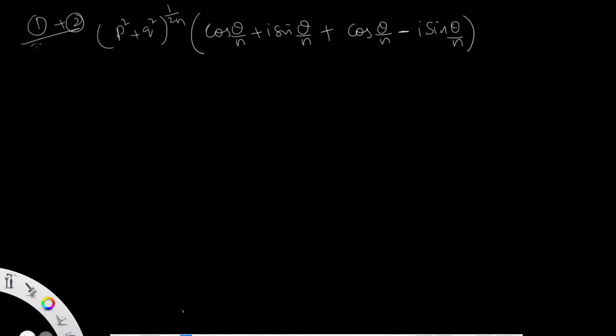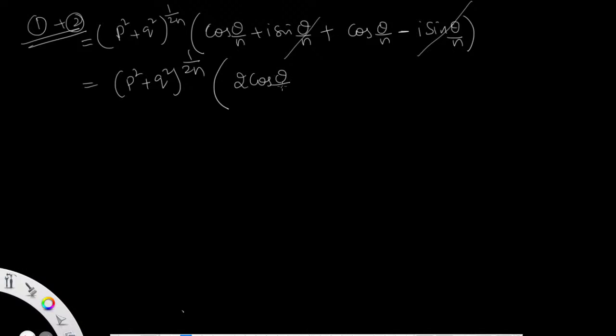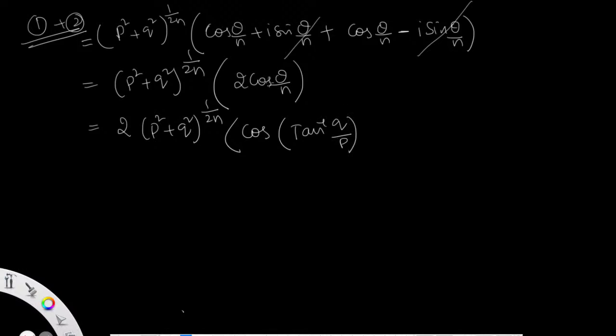Just adding expression 1 plus 2, the sin terms will be cancelled, giving 2 cos theta by n. That is 2 times (p square plus q square) whole to the power of 1 by 2n into cos of (tan inverse of q by p) into 1 by n. This is only the coefficient.